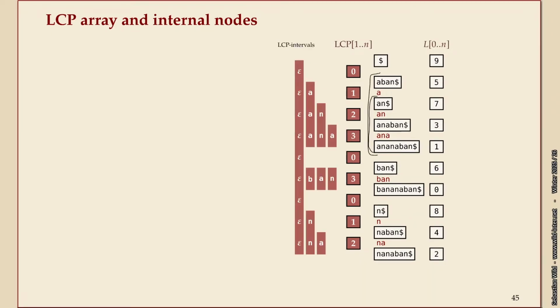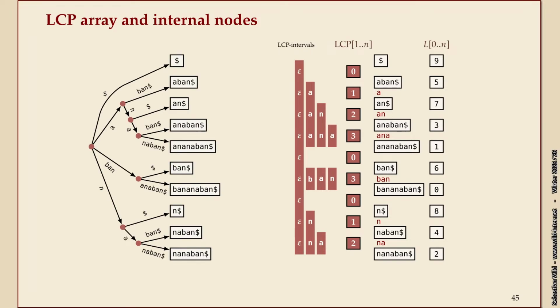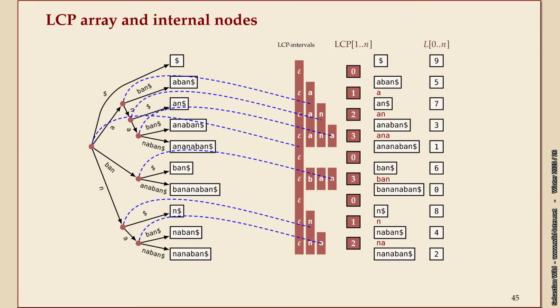So you can draw what is shared as common prefix. And if you now add the suffix tree again, suppose we have it, then you see these ranges of shared common prefixes correspond one-to-one to internal nodes in the suffix tree.